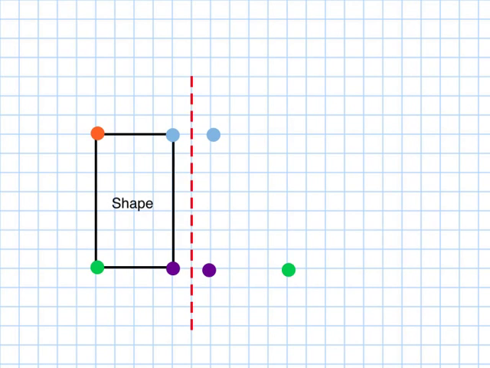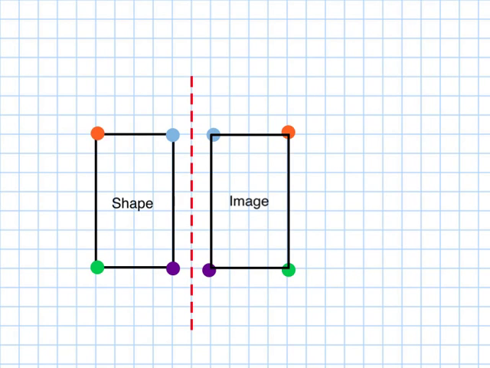Just like that. And same thing with our orange vertex, directly across, 5 spaces to the right. So now that we've drawn all 4 vertices, we are ready to connect them to draw our reflected image. So there is our completed reflection or flip.